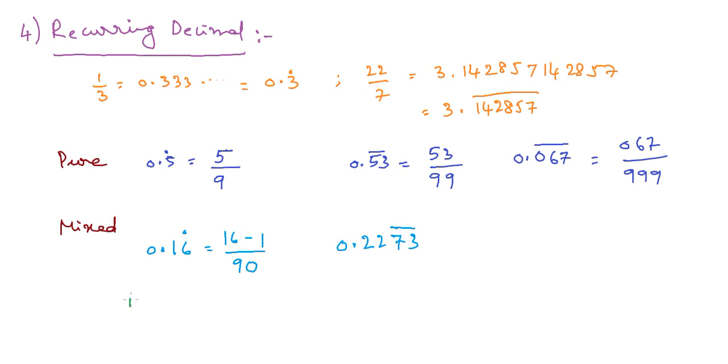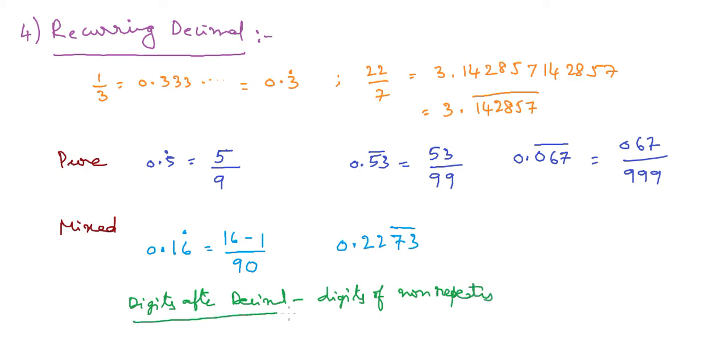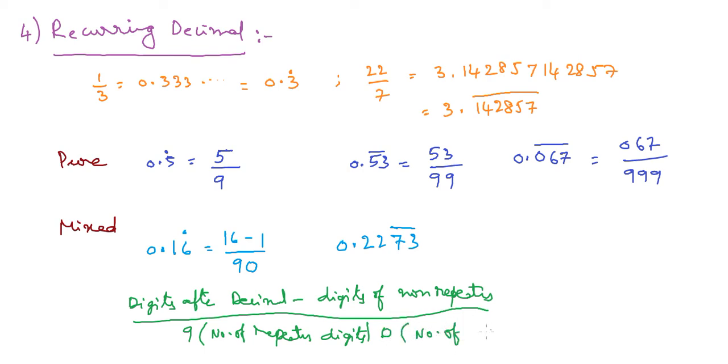That means digits after decimal minus digits of non-repeating, divided by, in the denominator, the number found by as many nines as there are repeating digits, and then as many zeros as there are non-repeating digits.